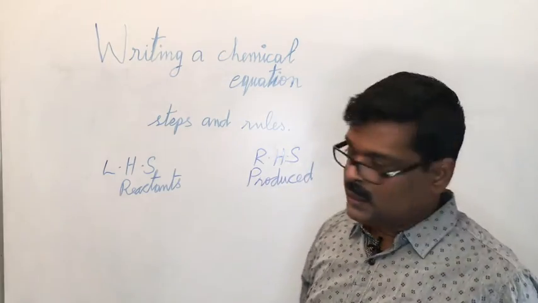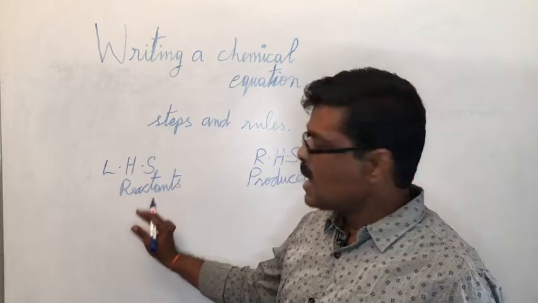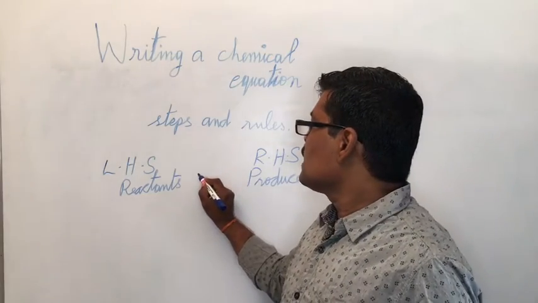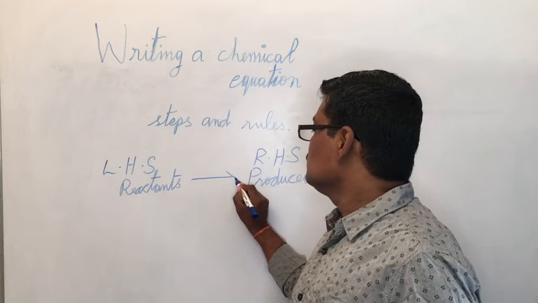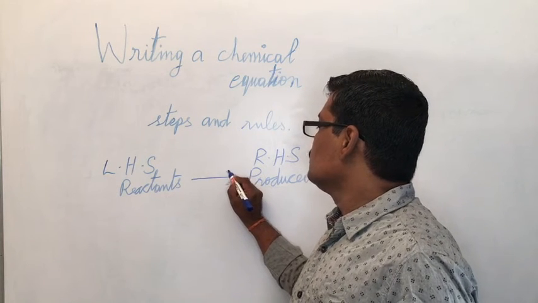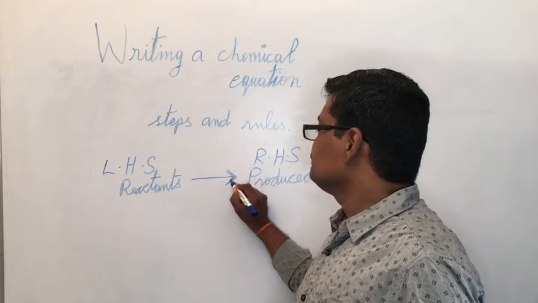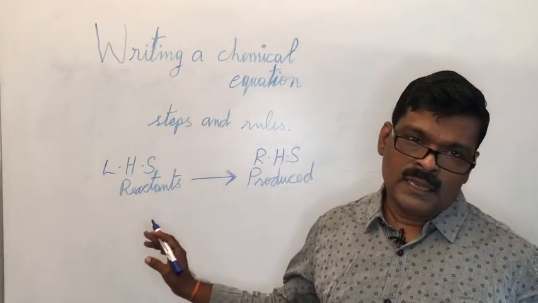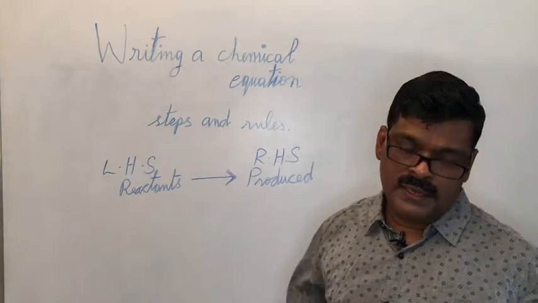To indicate that these reactants reacted and then gave this product, we indicate a small arrow head towards the product side. This is the first step we follow in chemical equation writing.